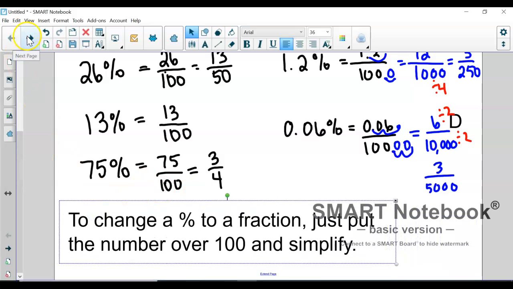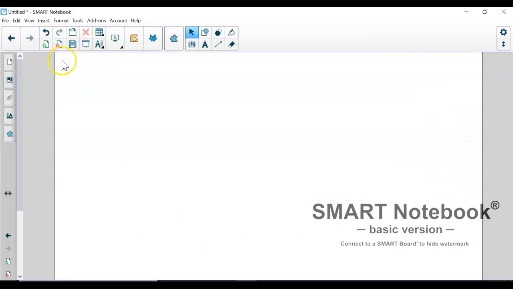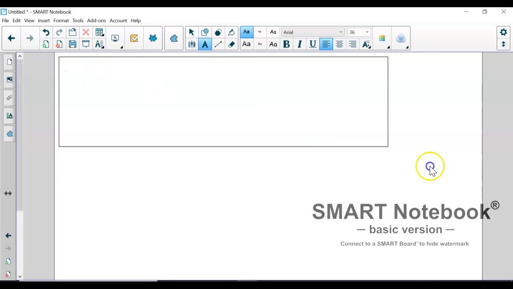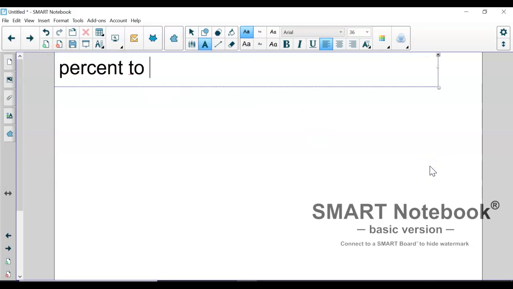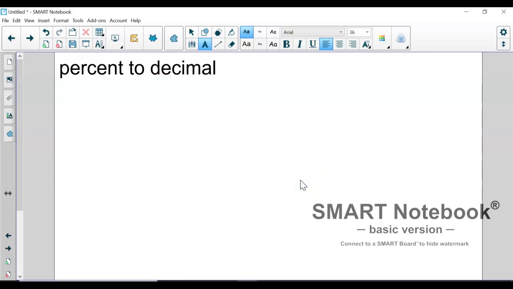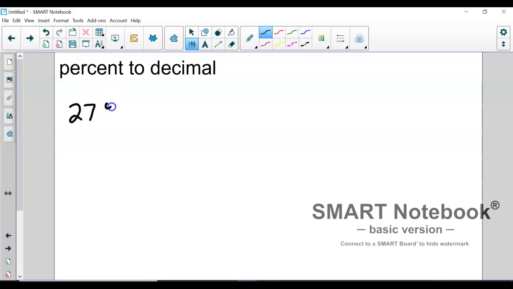Okay, let's now do a percent to a decimal. Percents to decimals are so simple. Let me show you right here. So let's say that we've got 27%. Let's think of a fraction. 27 divided by 100 would be our fraction.